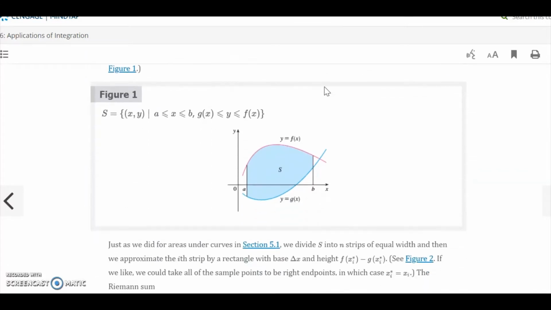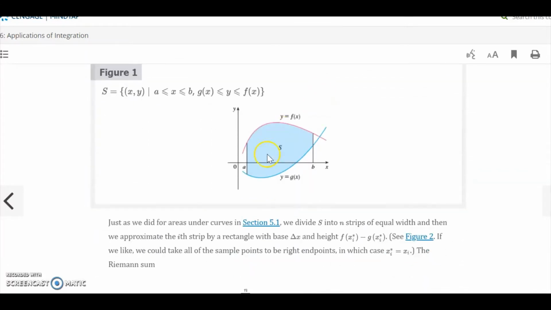So when we're looking at this section, when it says area between curves, it means we're looking at this upper curve here. They label this one as f of x for the upper curve and the lower curve as g of x. So instead of just finding that value in correspondence to the x-axis, we're going to be looking at how do we find this area in between.